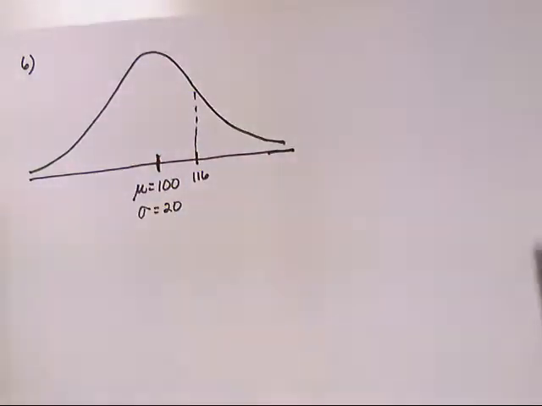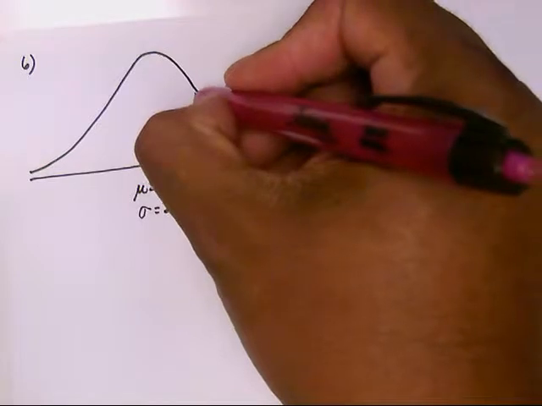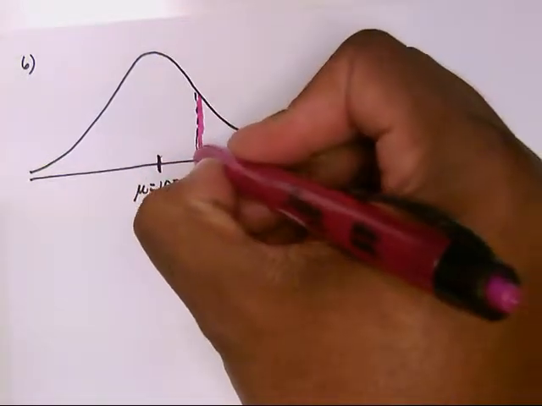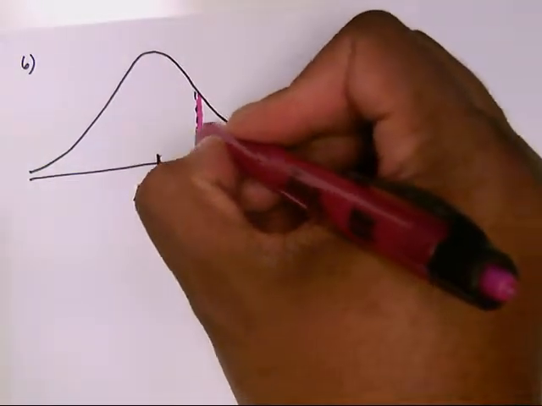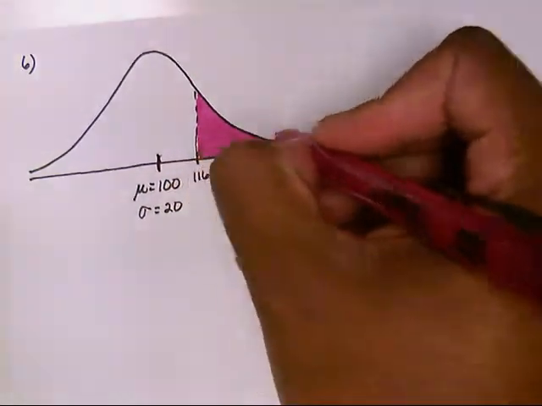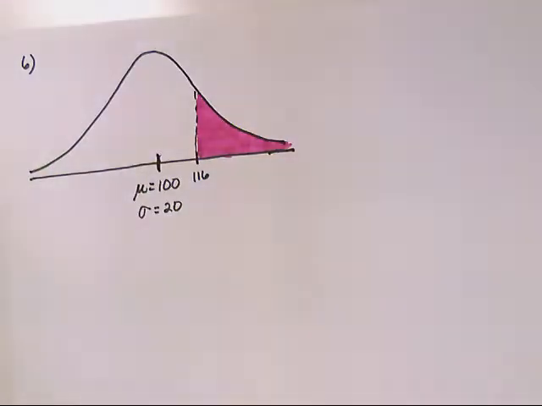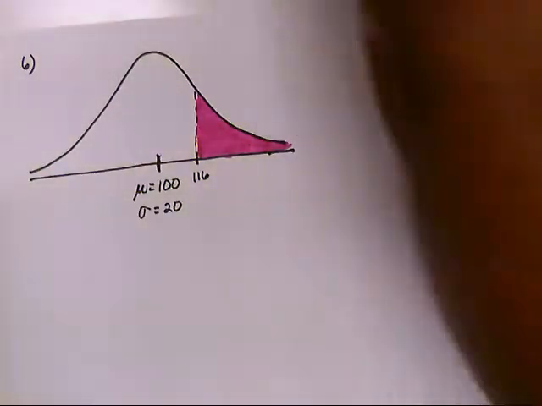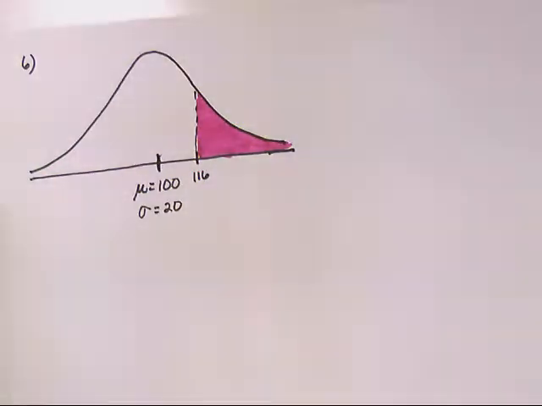And anything greater than 116 means I need to shade to the right. So I'm going to shade to the right of 116, which is right here. So that's the area that I'm looking for here.